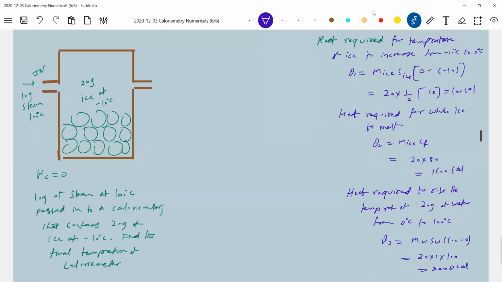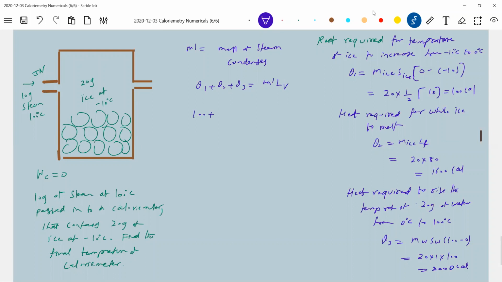So I'll do one thing. M dash, I'll write, part of steam, mass of steam that condenses. Q1 plus Q2 plus Q3 equal to M dash into LV.